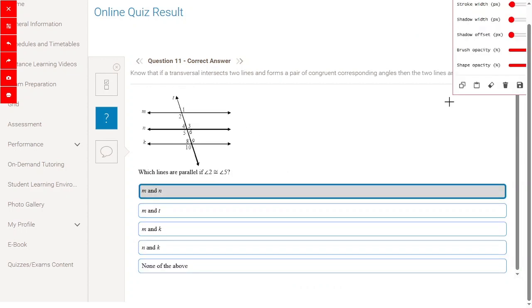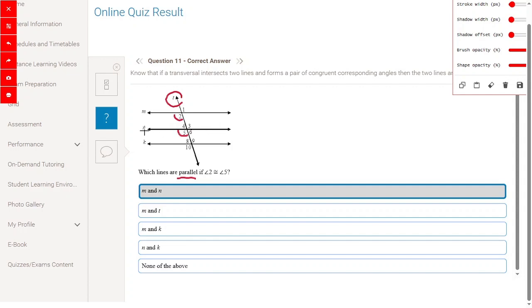Okay. Now let's see this question. It's saying which lines are parallel if angle 2 is congruent to angle 5. Here we have this line T as a transversal to these three lines. And we have angle 2 and angle 5.